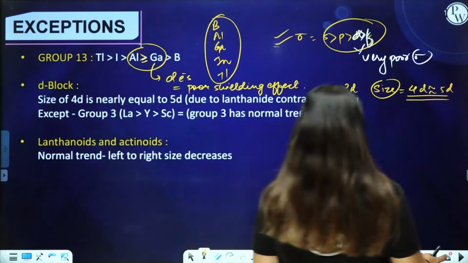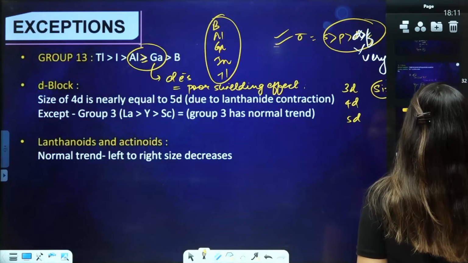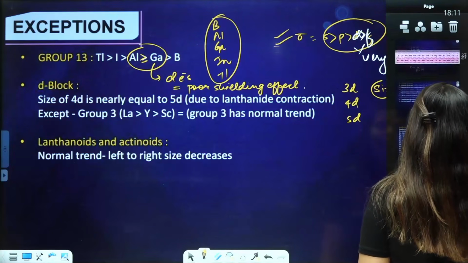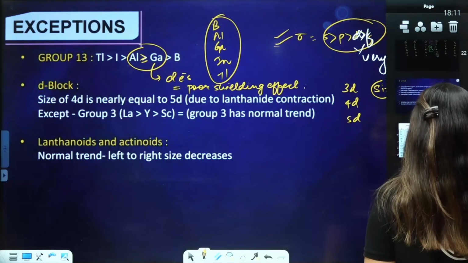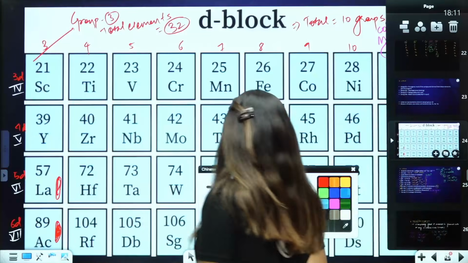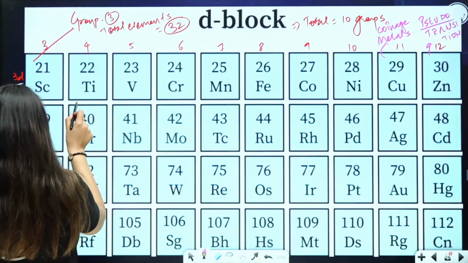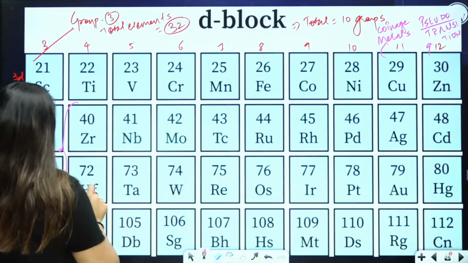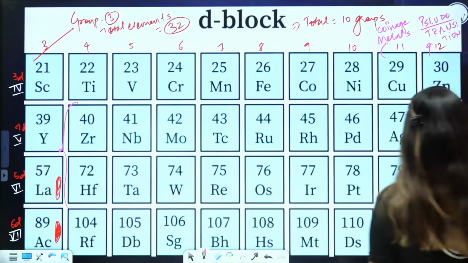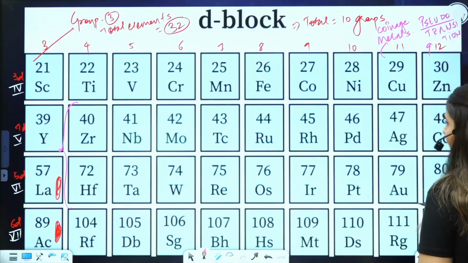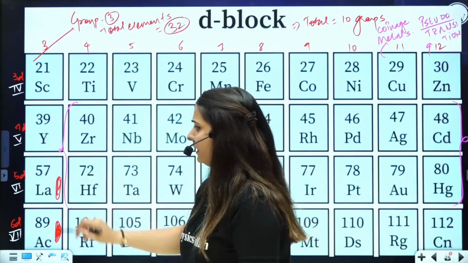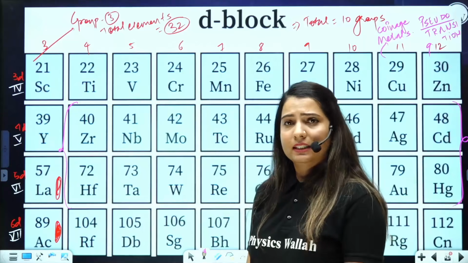If you want to know, I can give a very quick explanation. You will be having a small revision over here. This 4D series and 5D series is having very similar sizes.